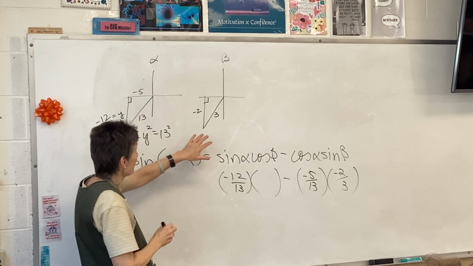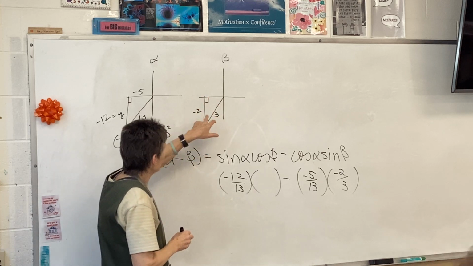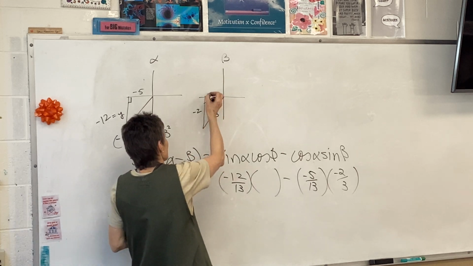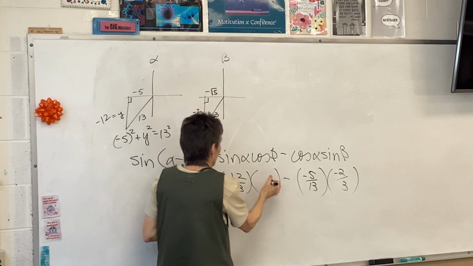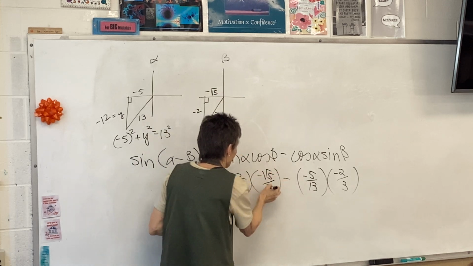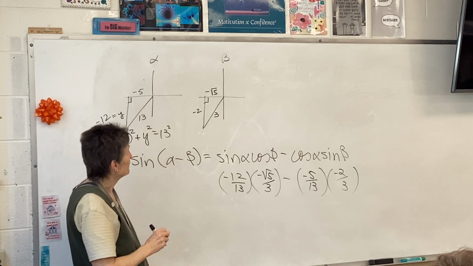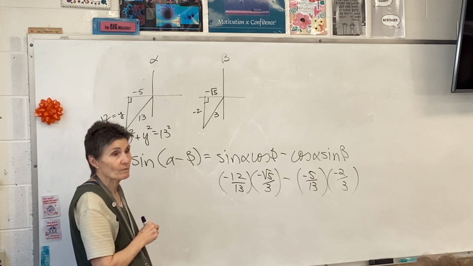Now cosine beta, I'm going to do the same thing. x squared plus 2 squared equals 3 squared. So this will be negative root 5. So my cosine is x over r, adjacent over hypotenuse, negative root 5 over 3.